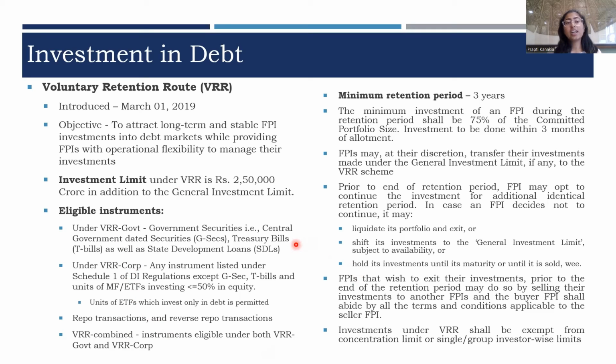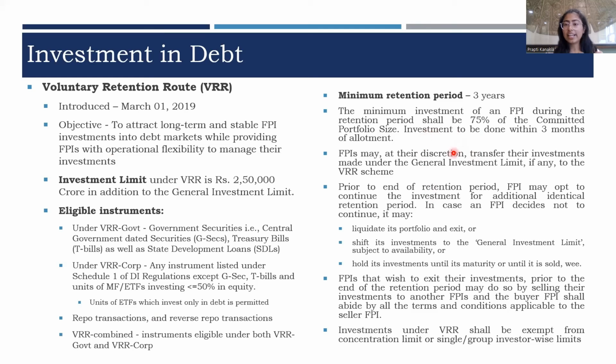Now, let's look at the other investment restrictions or the conditions for making investments under VRR. So here there is a minimum retention period, which was done away with under the medium-term framework. Here the minimum retention period is 3 years. That means if FPIs commit that they will be investing a certain amount under VRR, then they should remain invested for a minimum period of 3 years in that instrument.